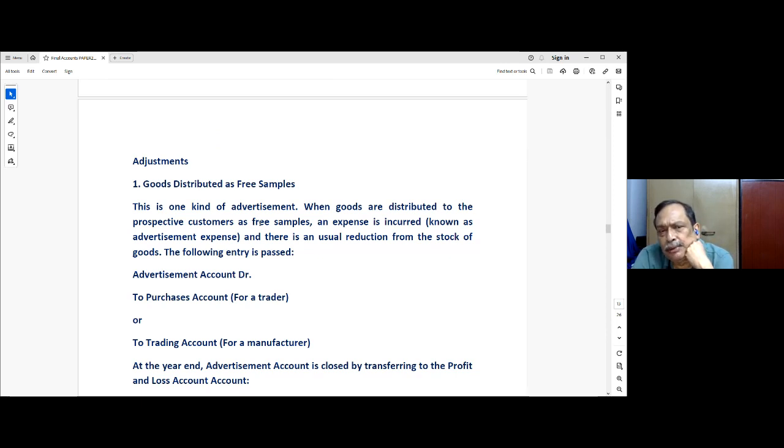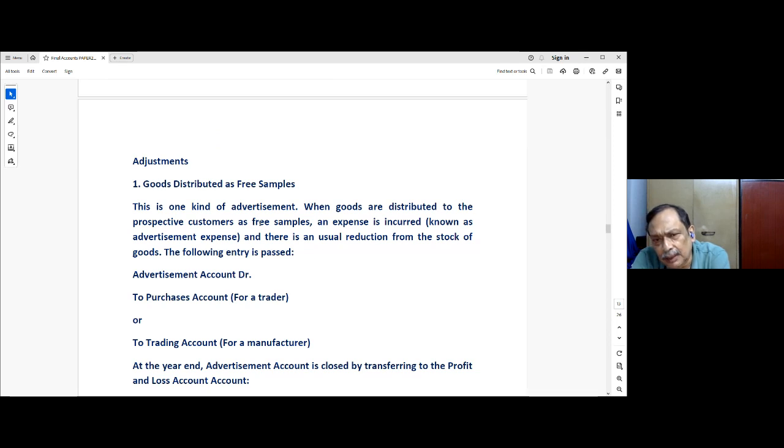goods distributed as free samples. This is one kind of advertisement. When goods are distributed to the prospective customers as free samples, an expense is incurred known as advertisement expense.